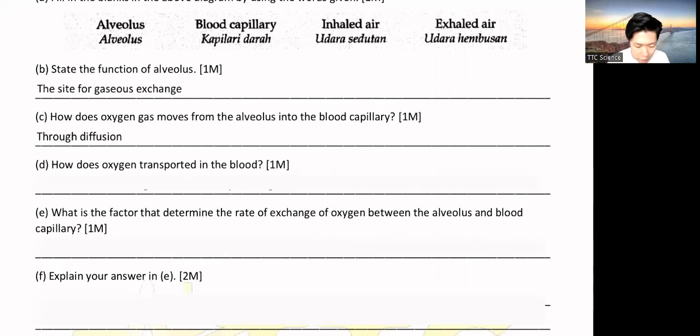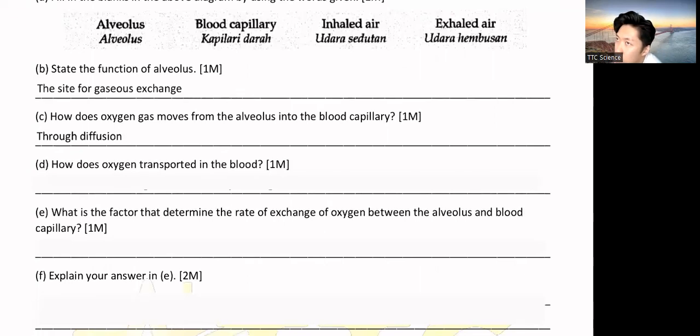Okay, how is oxygen transported in the blood? You know, let's say you cannot drive now, right? So if you want to go out, you order Grab to send you. Oxygen cannot travel by itself, right? So oxygen has to combine with someone else. Do you remember? The driver comes and picks up the oxygen, and it gets into the car and sits down to combine with something. The question wants that.